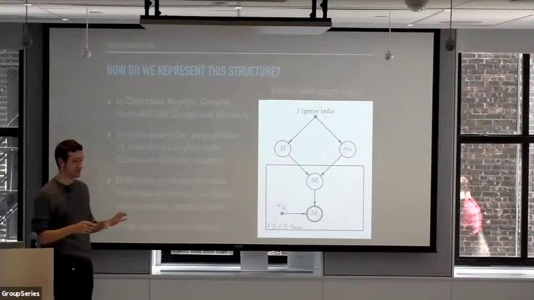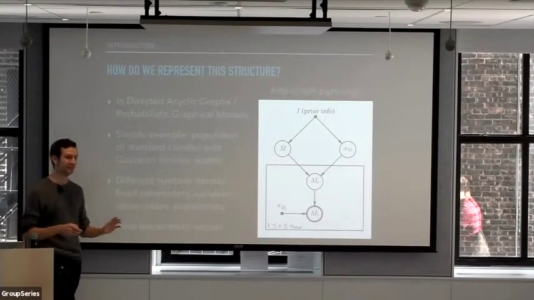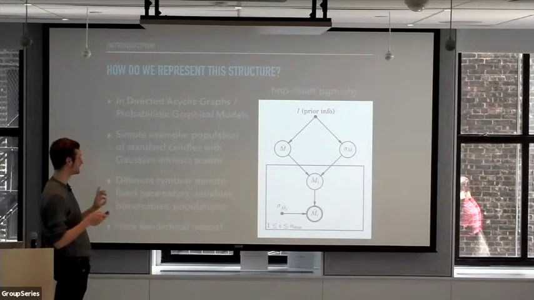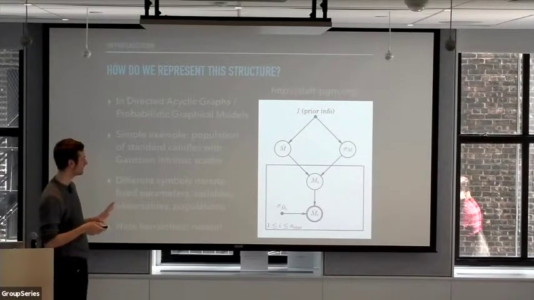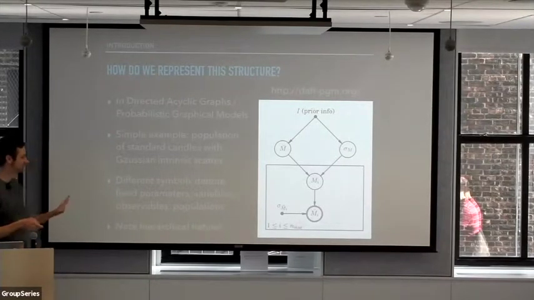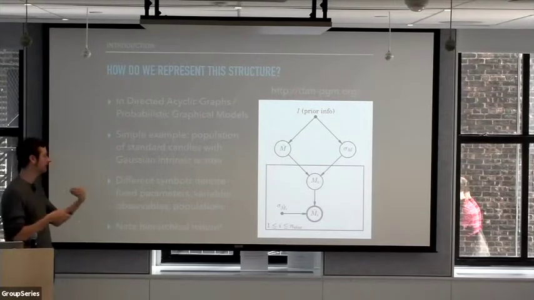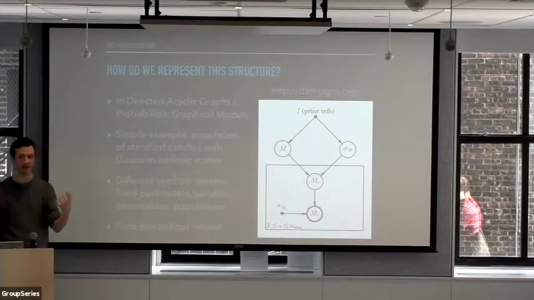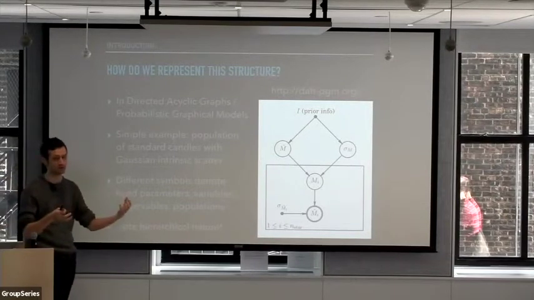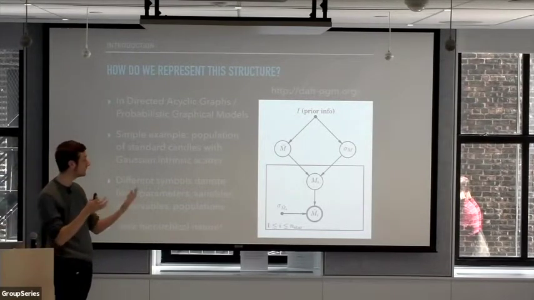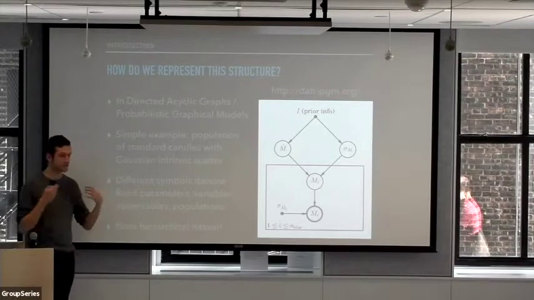There are many, many ways of doing the same thing here, which we'll get to. But I'm going to go through the way that I do this, and then we can see some of the menagerie of other ways that people have done this in the past. Different people do it. So the specific physical model I'm going to talk about here is, imagine we have a population of standard candles, right? We just have a bunch of stars that supposedly all have the same intrinsic absolute magnitude, right?